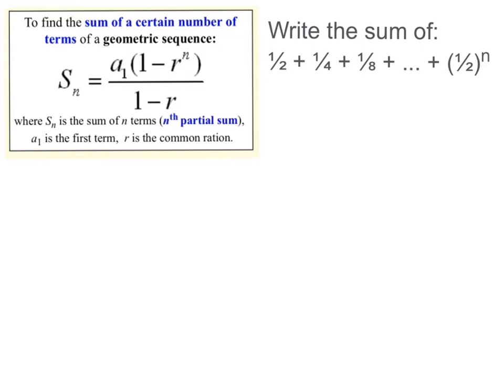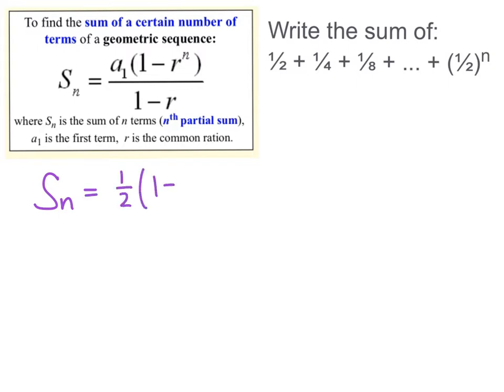Let's take a look at this example. I want to find the sum of 1/2 plus 1/4 plus 1/8 and so on, up to 1/2 to the n. So I know that my sum is going to have an n in it, and really all I have to do is plug in my information here. My first term is 1/2.